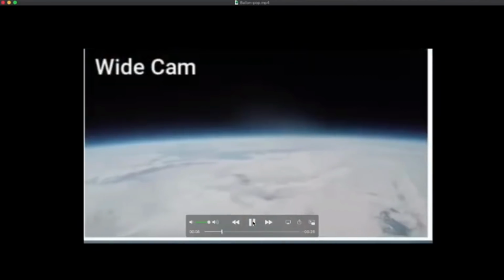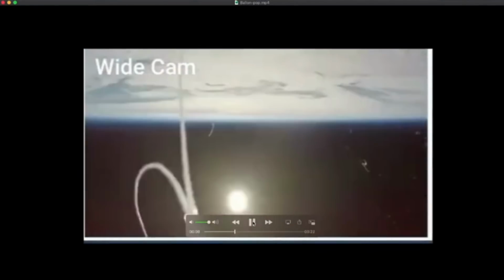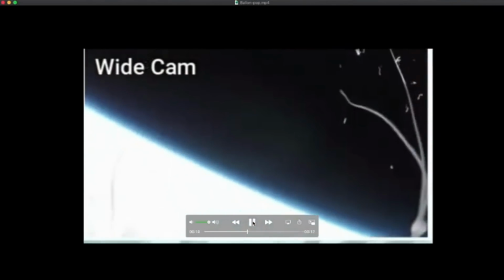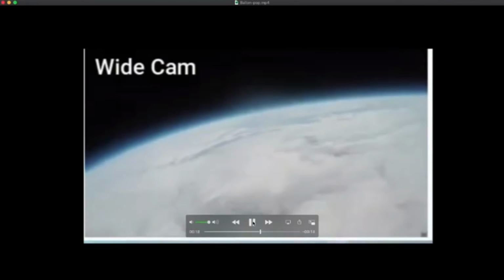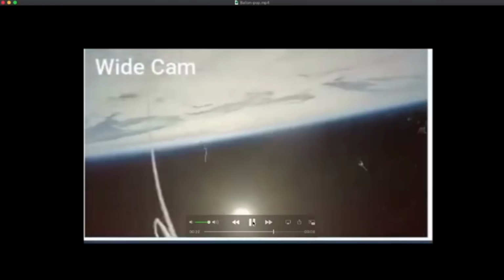The only time that wide-angle camera was used was to show the balloon throughout the whole flight and to show it popping. Well, let's watch the whole thing, though. Let's see what happens. So, there we got a convex, concave Earth flipping out. Who cares what it does? It's not giving us an objective view of what's going on. I mean, this is the whole point of why he had the minimal barrel distortion on the other lens. I don't know what Ranty thinks he's showing us here, except the fact that there's barrel distortion.